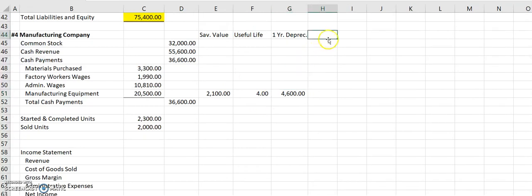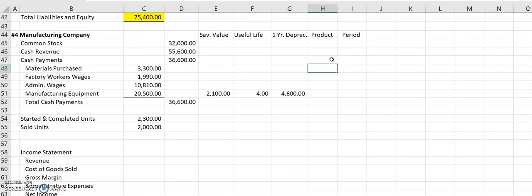So now, just like we did in question 1, let's take a look at dividing these into product costs and period costs, so we can figure out which category each of these are going to go into. Common stock, that's money coming in. Revenue, that's money coming in.